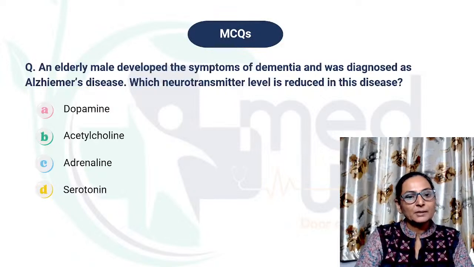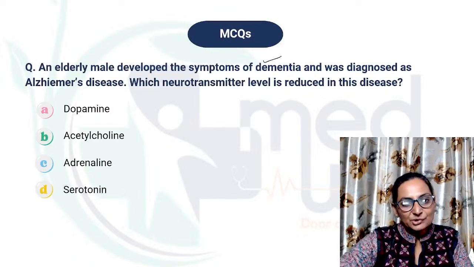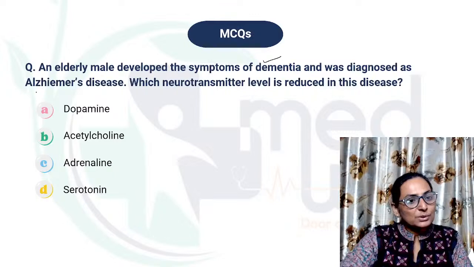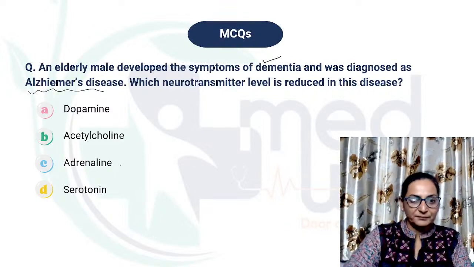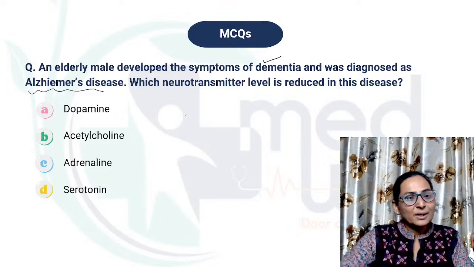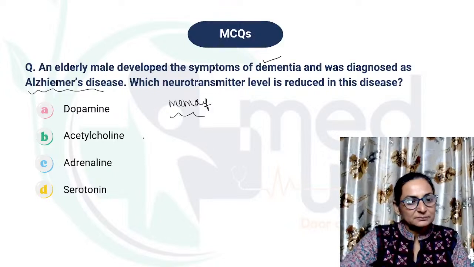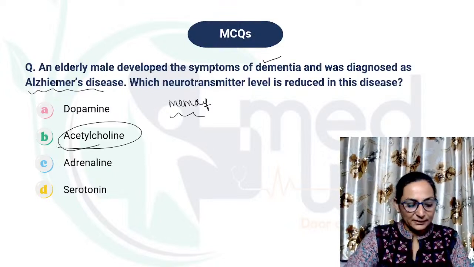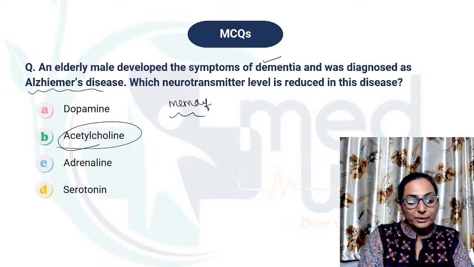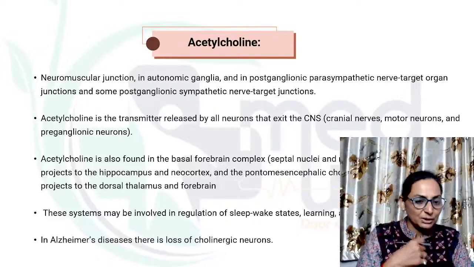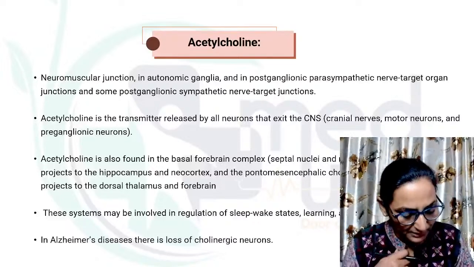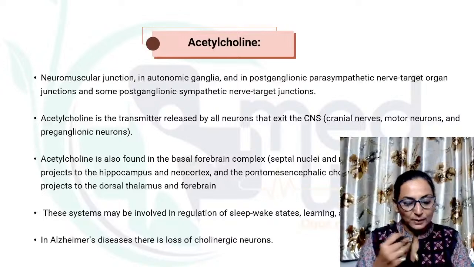Now, a person with dementia diagnosed with Alzheimer's, which neurotransmitter is involved? The neurotransmitter involved in memory is acetylcholine. Very, very important neurotransmitter for working memory also. Yes, very good, Mohammed.